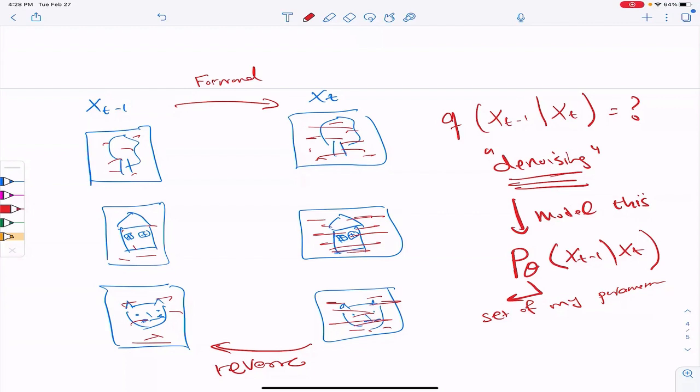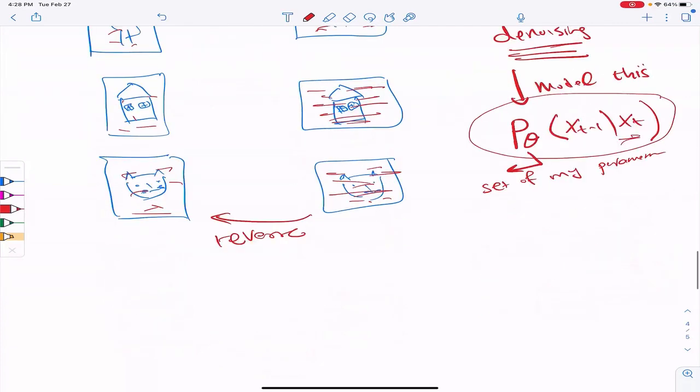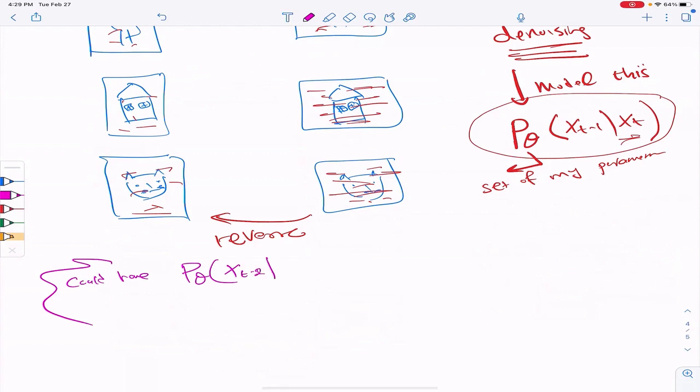But does it have to be exactly this model? Why just the previous step? Not necessarily. There's nothing fundamental about this. It is just a modeling step. That's what I'm emphasizing. You could have, for example, modeled it so that the generation model generates xt minus 2 given the previous two times.